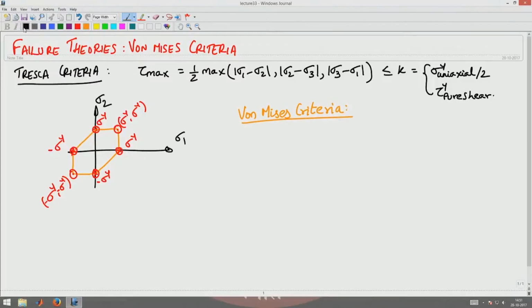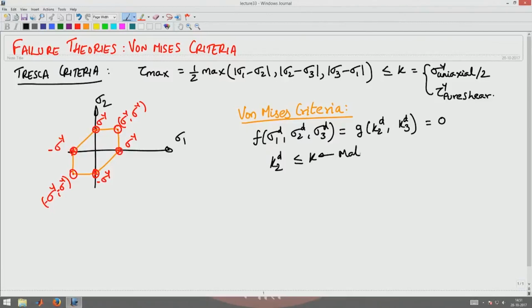We saw in the last class that a general form for the failure surface or yield surface specification is a function f of sigma 1d, sigma 2d, sigma 3d for hydrostatic pressure insensitive materials, or a function of k2d, k3d, where k2d and k3d are the invariants of the deviatoric stress. What the von Mises criterion says is that this k2d should be less than or equal to kappa, where this is again a material parameter.